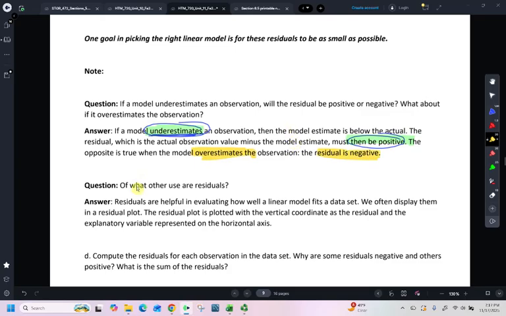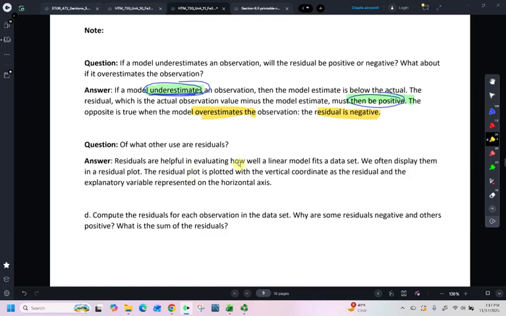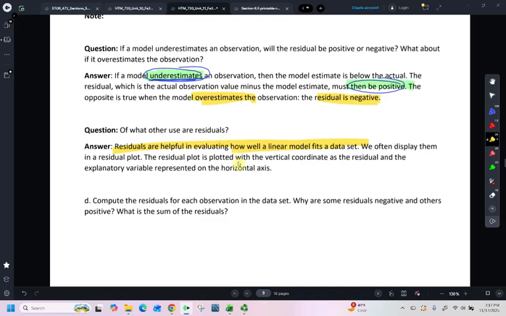The residuals are very useful in evaluating how well a linear model fits your data. And that makes intuitive sense because the smaller they are, the closer your predictions are to the actual values. All right, so we have computed the residuals for each observation in the data set using StatCrunch.